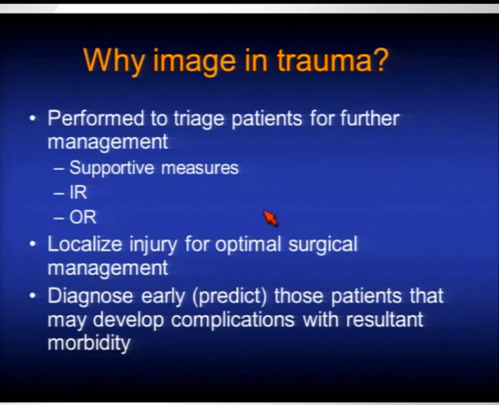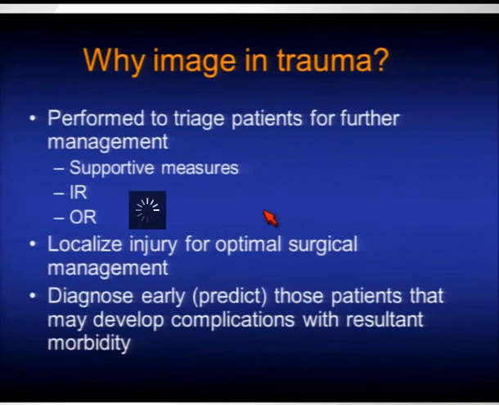The other reason we're imaging in trauma is to localize the injury to optimize surgical management. We're also imaging in order to diagnose early and in many cases attempt to predict those patients that may develop complications with resultant morbidity, such as bile leaks or ureteric injury.